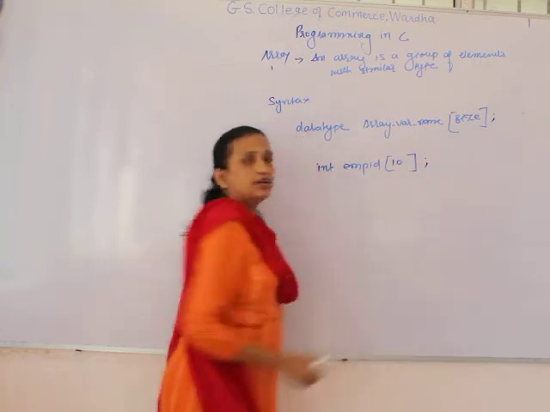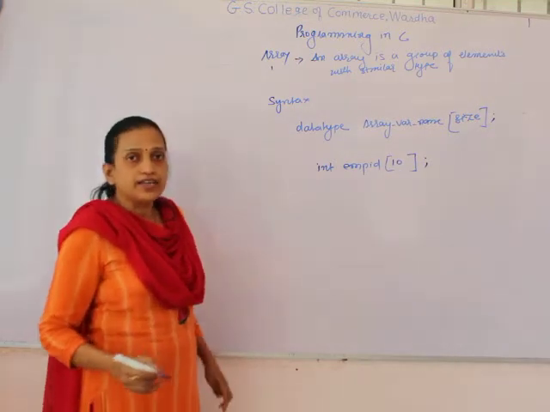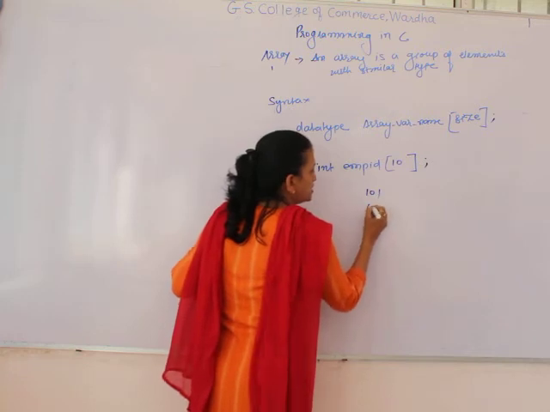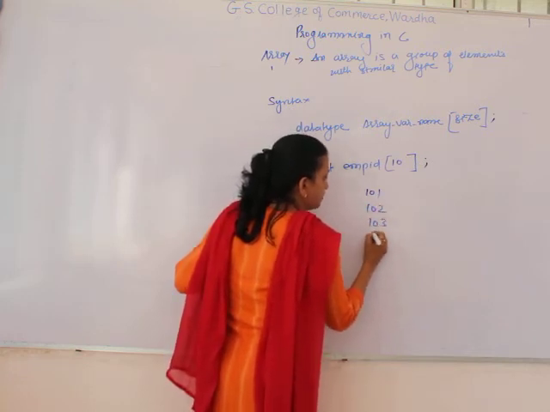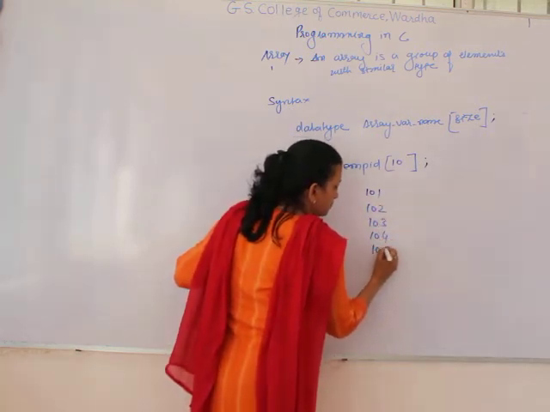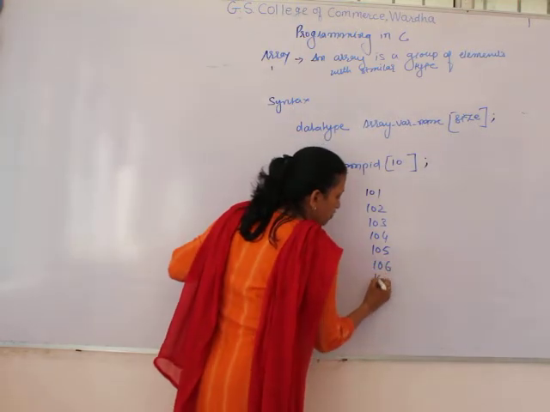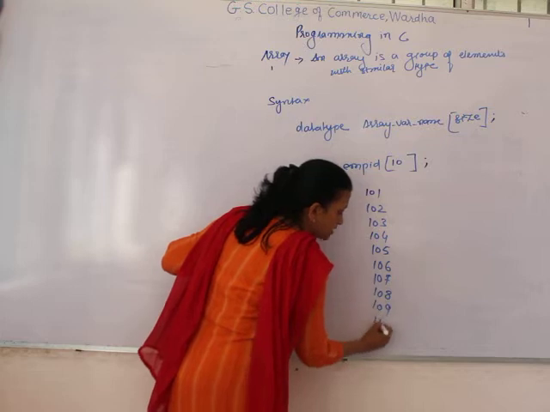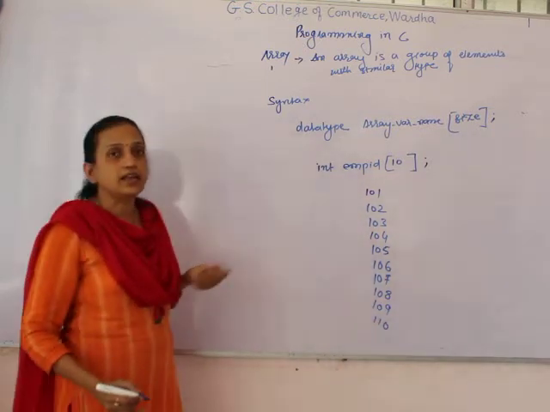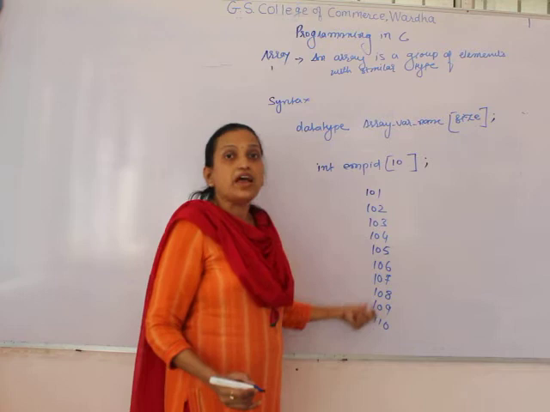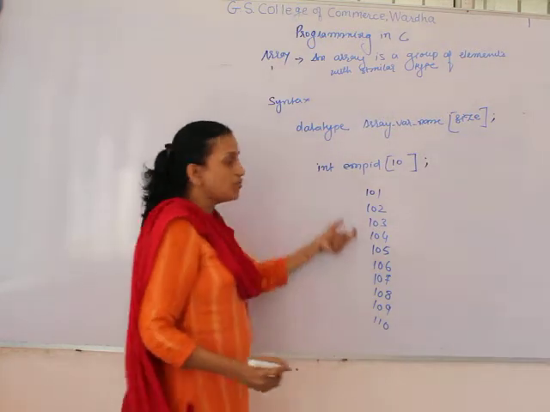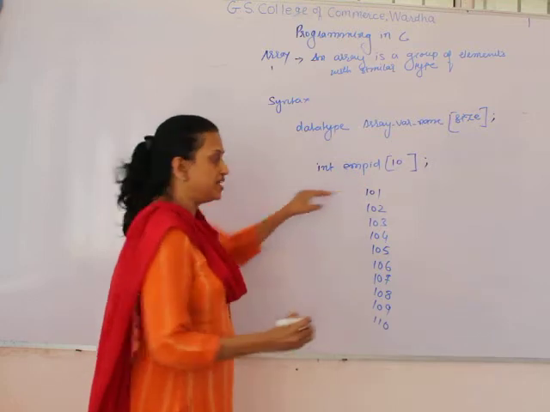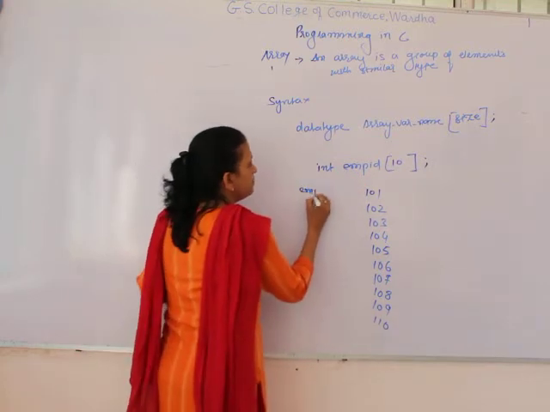Now, employee ID. Suppose there are 10 IDs: 101, 102, 103, 104, 105, 106, 107, 108, 109 and 110. These are the 10 IDs of employees in your company. How can you store these IDs in a single variable? Add this array variable EMP ID.